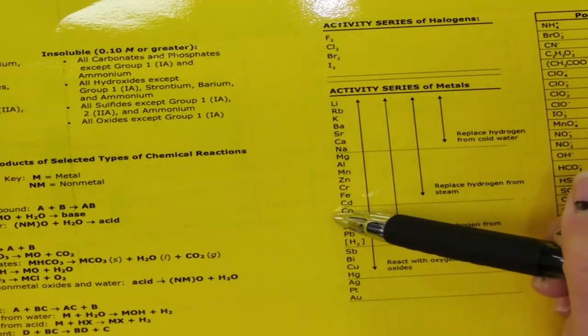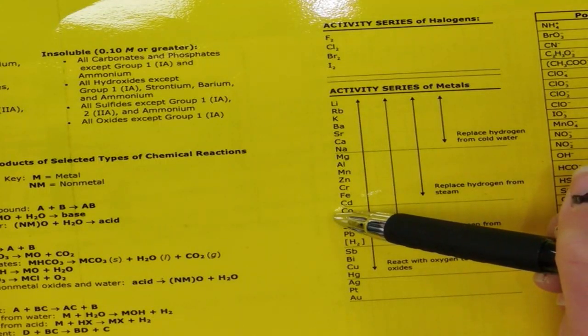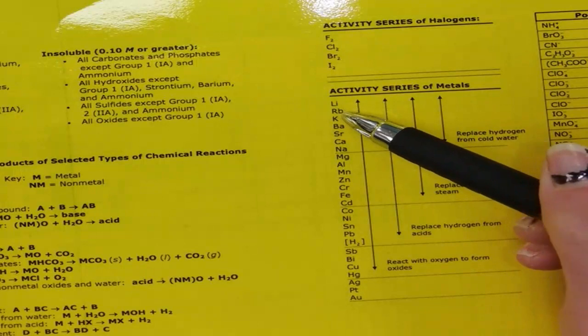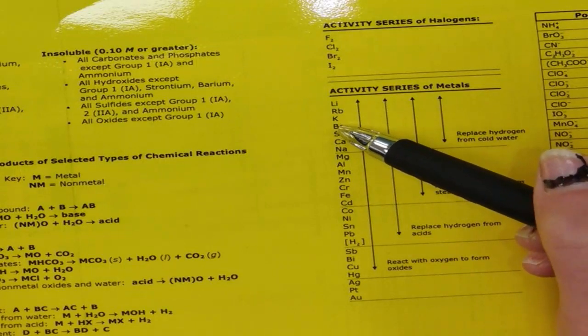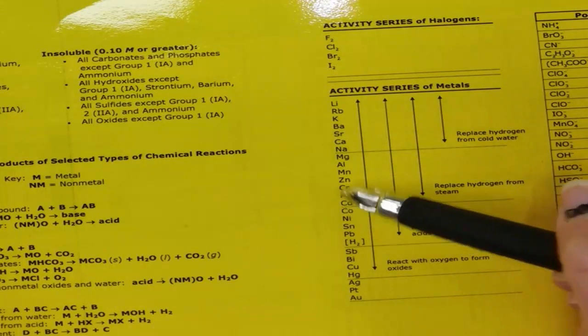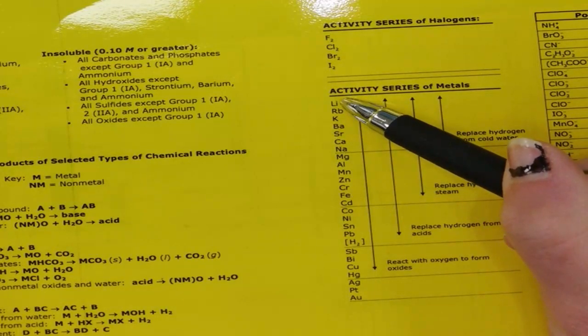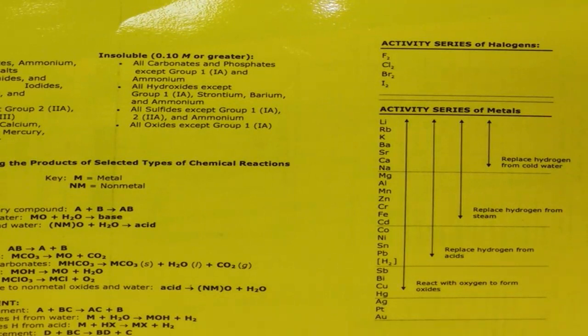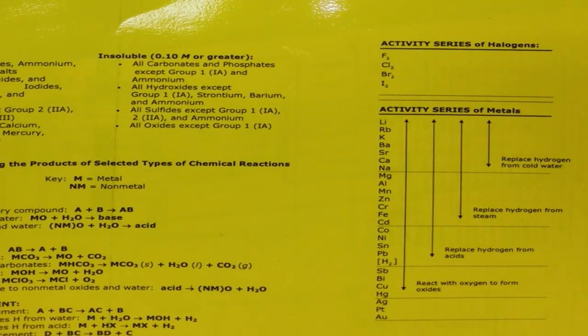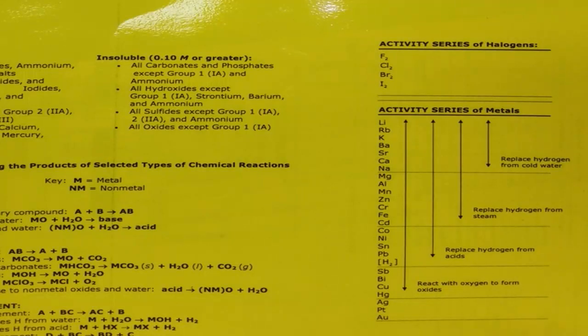Top can replace bottom. So lithium could replace rubidium, potassium, barium, strontium, etc. But sodium would not be able to replace lithium. So let's take a look at some of these examples and see if we can't try and make more sense of our activity series.